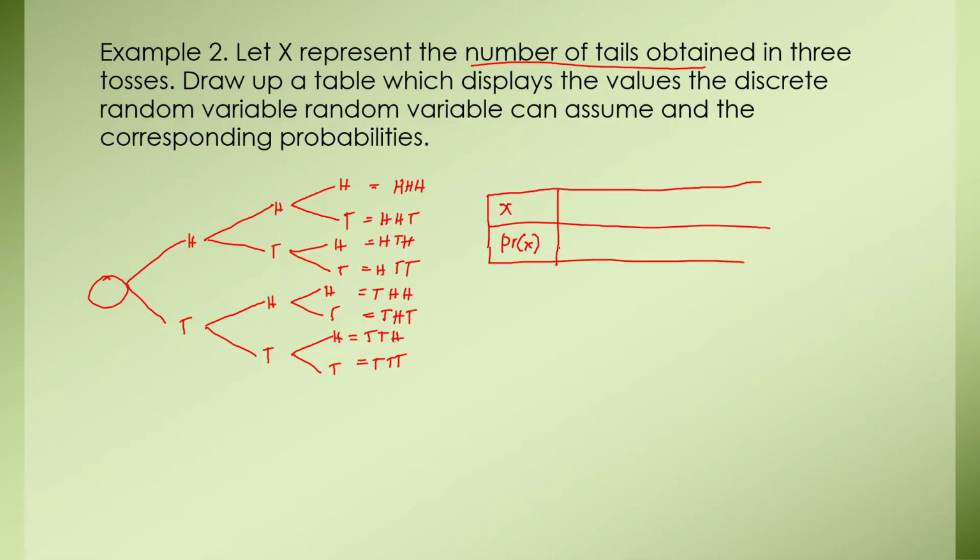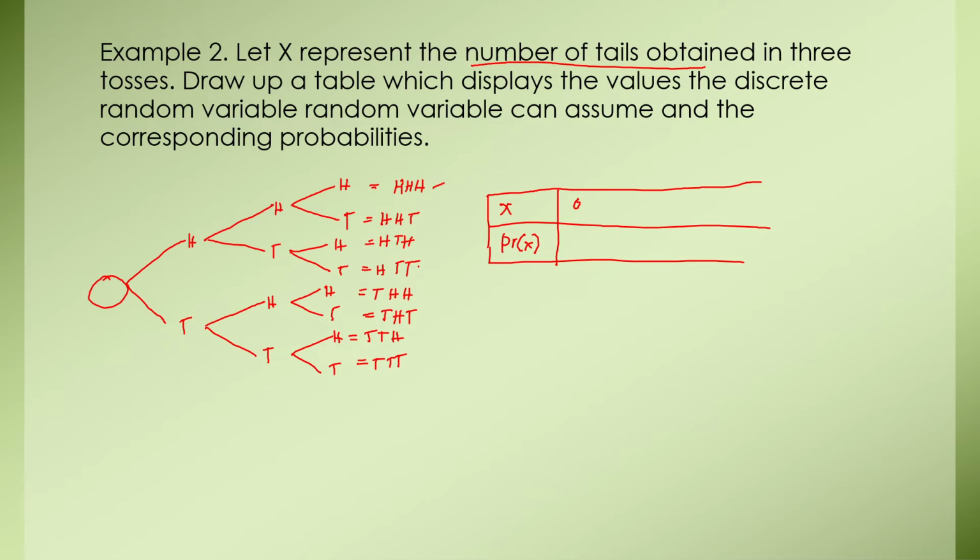Let us assume that the first one is the number of tails is 0. What is the probability when you get 0 tails? So let us have 0 tails. So 1.